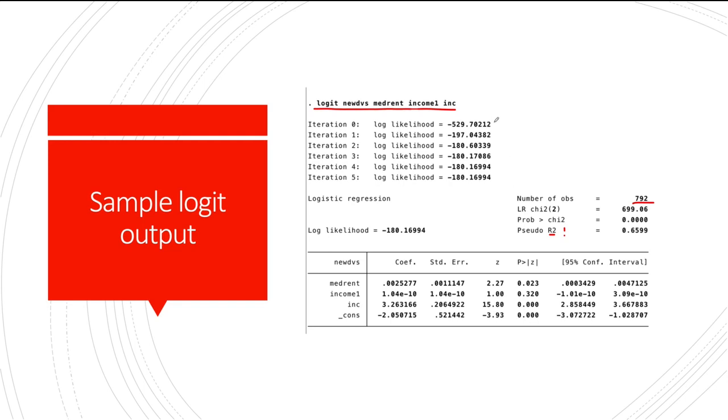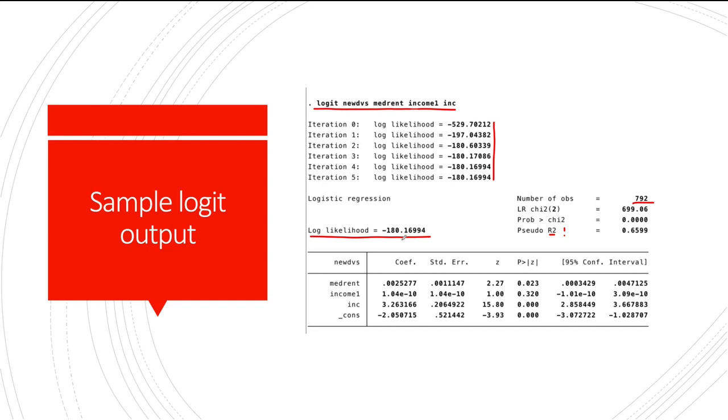You'll notice that this model, because it's a maximum likelihood estimator, actually runs many models before it can converge on a set of estimates. This number right here, the log likelihood, is one of the pieces of information we usually put in our final table. We usually like this number to get closer to 0 if possible.